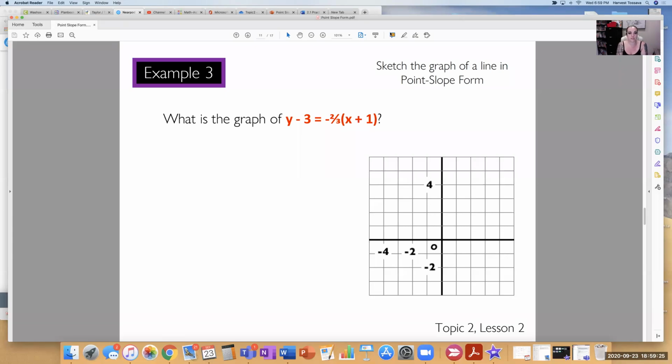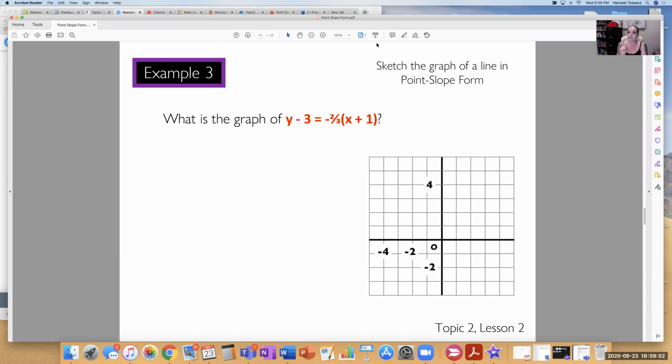Okay, so here comes the super important, most awesome part of all of this work that we've been doing. We are going to connect what we know about point slope form to the graph that it makes, okay? So we're going to look at the graph of y minus 3 equals negative 2/3 times x plus 1.